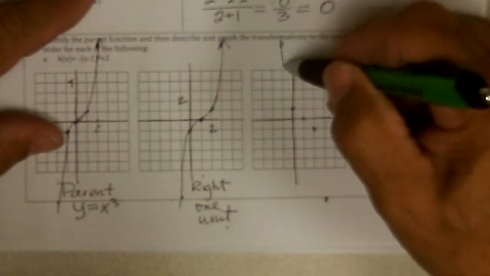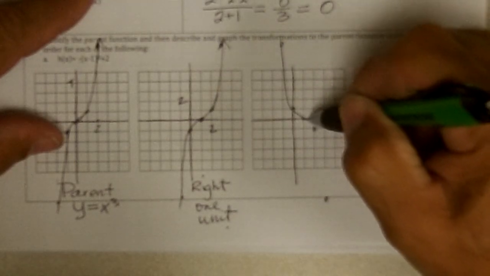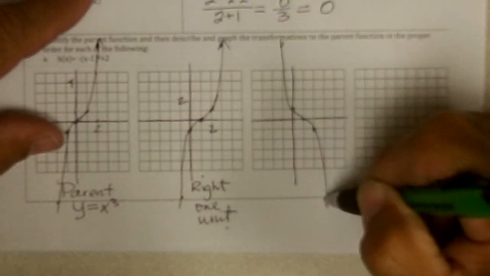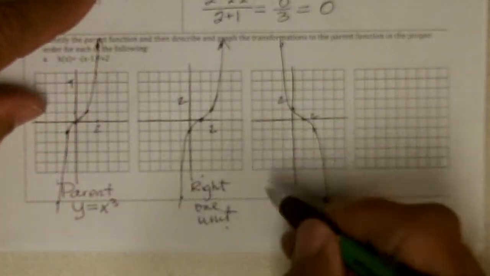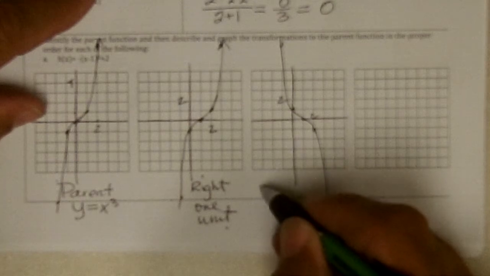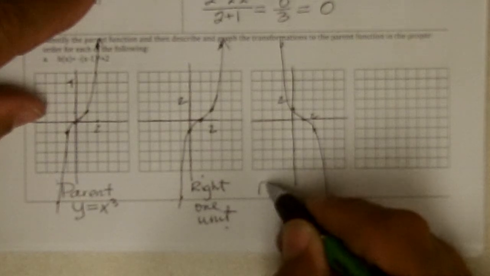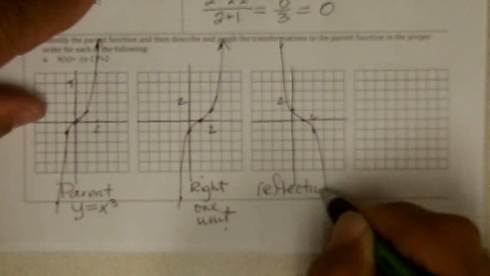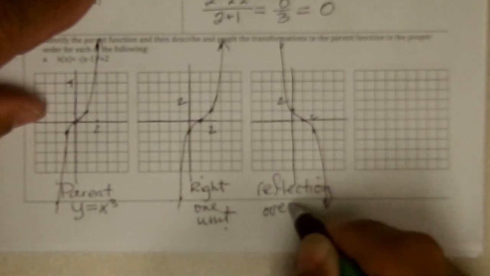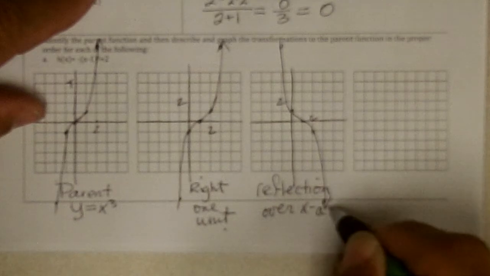And it looks like that, putting units on. And so it was a reflection over the x-axis.